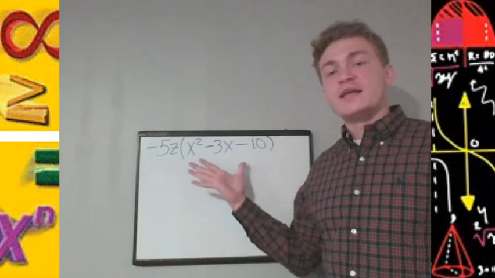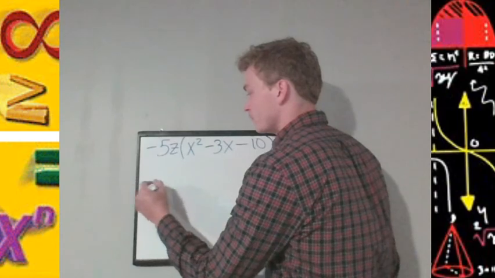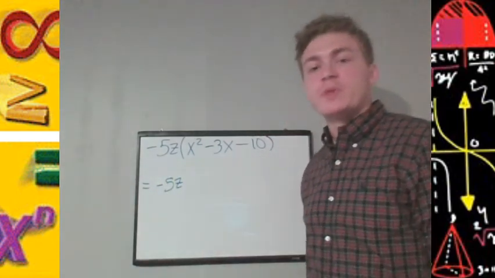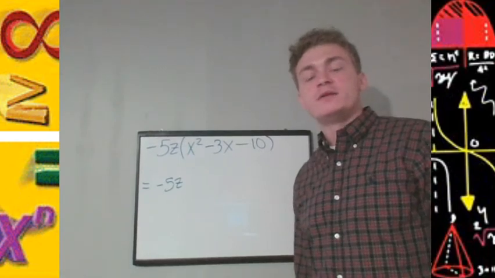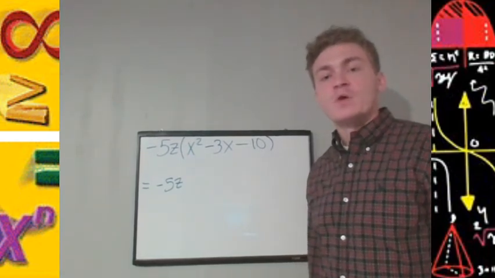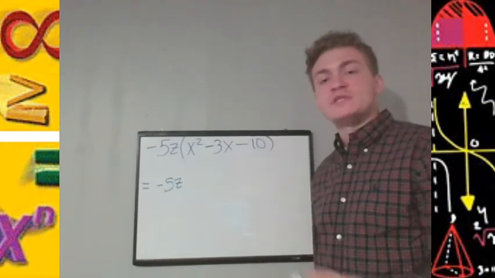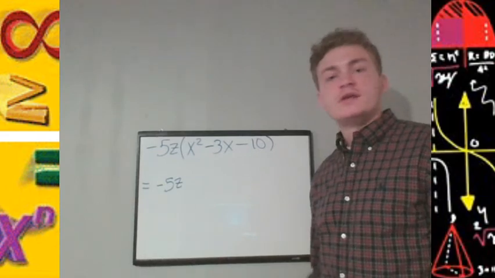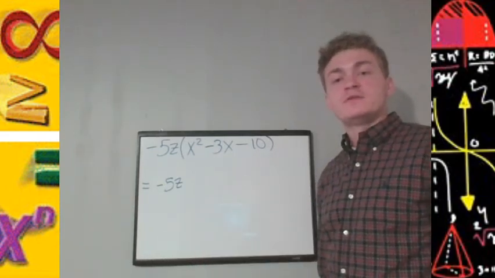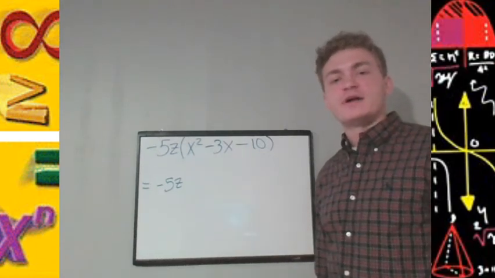Now the question is, can we factor this trinomial? We need two numbers that multiply to give us negative 10 that will add to give us negative 3. If we can find them, then we can factor it. 1 times 10, it has to be negative, so negative 1 times 10, 1 times negative 10. Neither of those combine to give us negative 3. 2 times 5, but it's negative, so negative 2 times 5, 2 times negative 5.